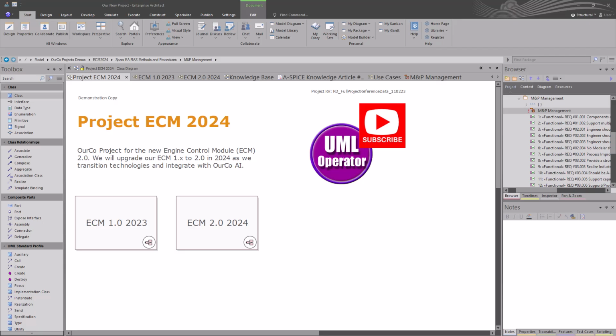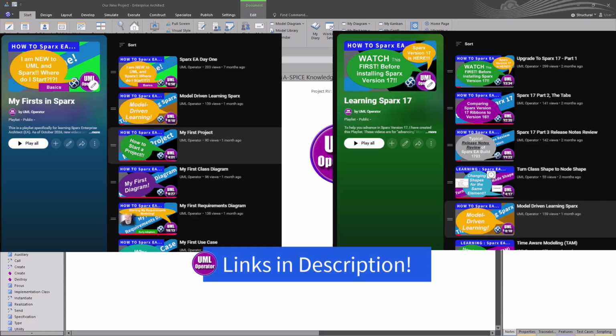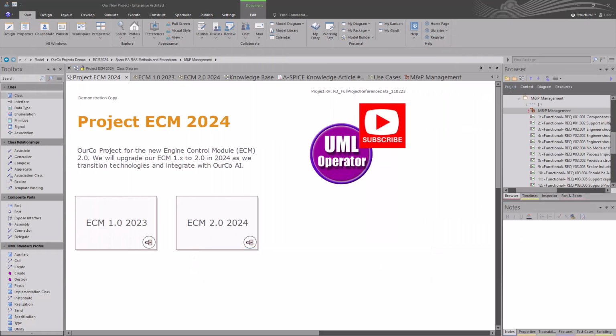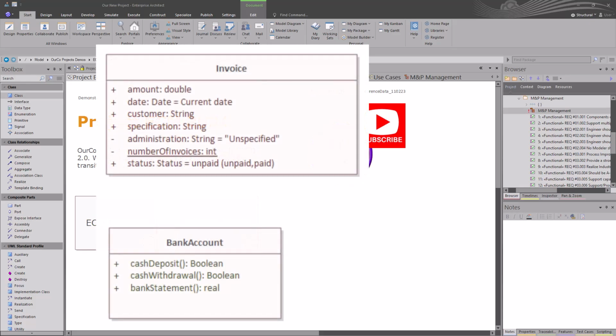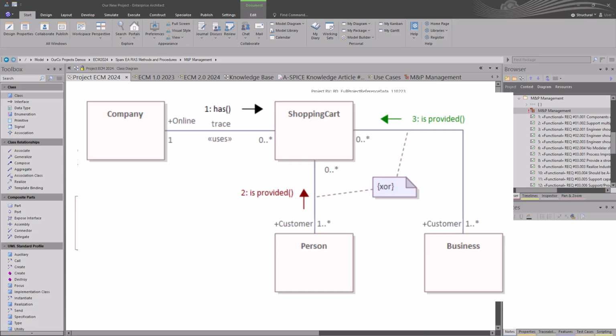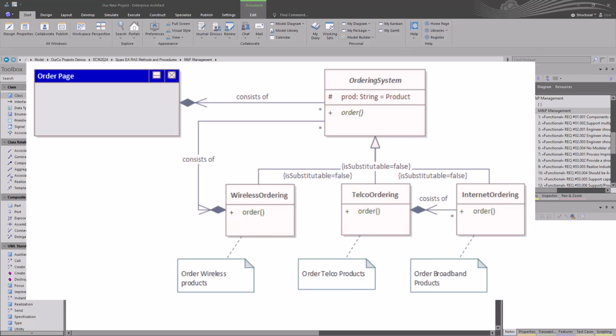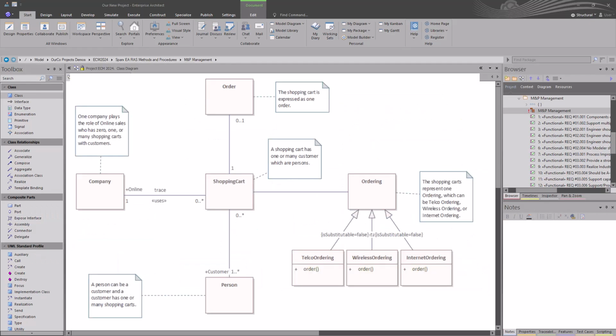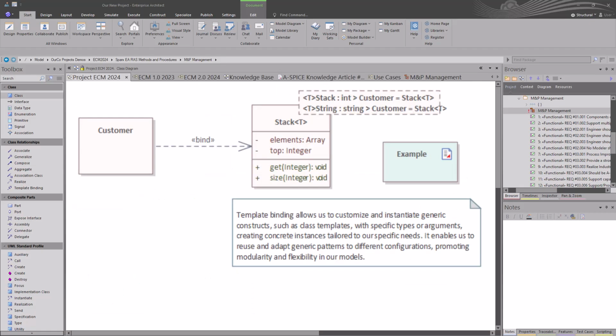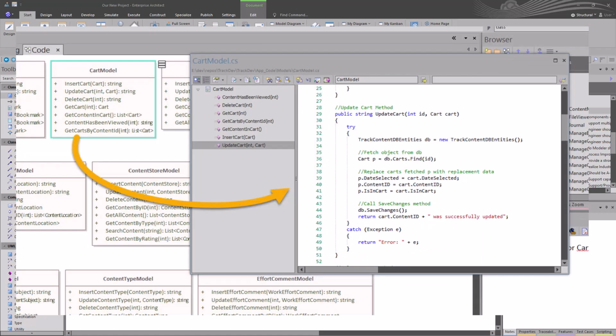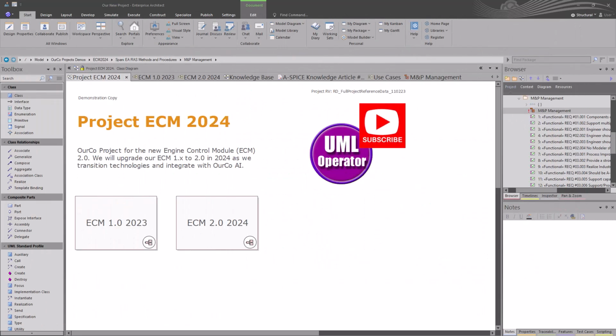Use beginner-friendly tools like Sparx, Lucidchart, and Draw.io to practice UML syntax. For advanced modelers, dive into class diagrams and sequence diagrams for detailed system modeling. Leverage CASE tools like Sparx Enterprise Architect and Visual Paradigm to automate tasks like code generation and system validation.